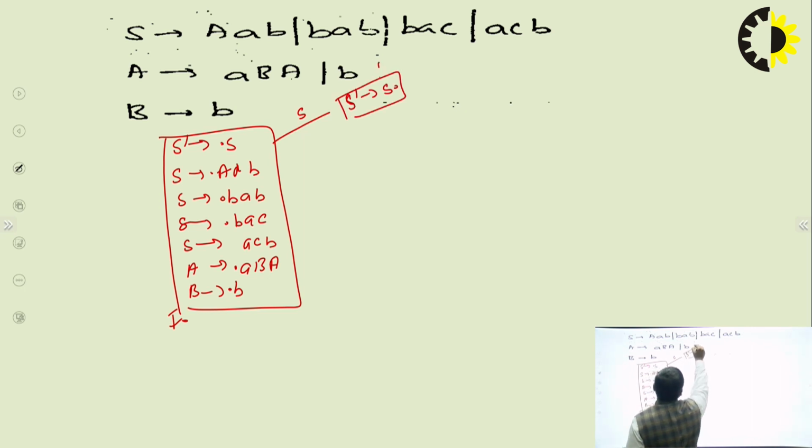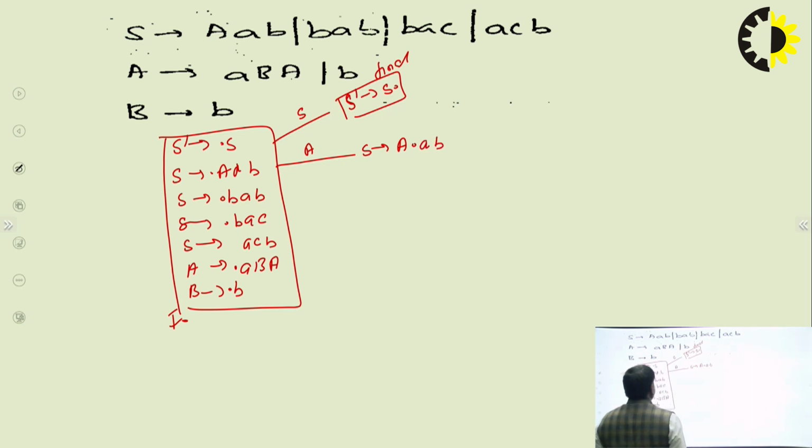And here S' tends to S dot. This is known as the final state. And here A, no problem, then S tends to A dot B. Any other A?